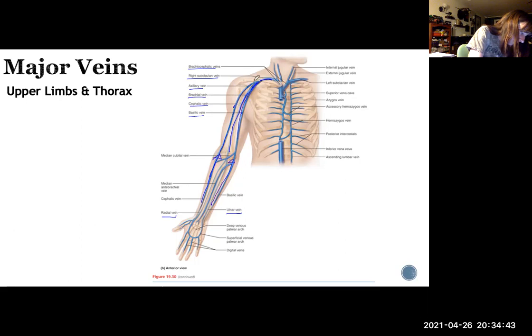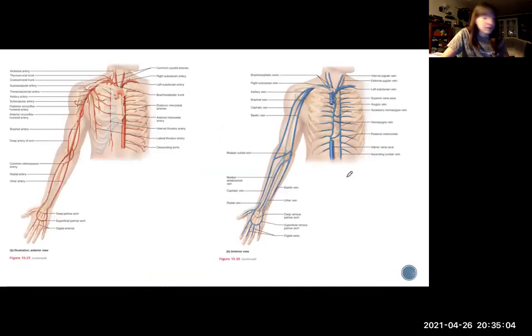So all 3 of these come up and become the axillary, which becomes the subclavian, which becomes the brachiocephalic, which converge to form that superior vena cava. Okay. And again, side by side. Superior vena cava is the convergence of the left and right brachiocephalic, which come from left and right subclavian.